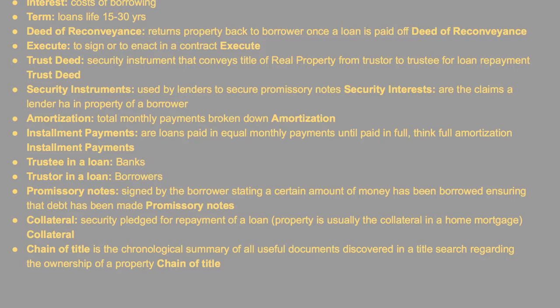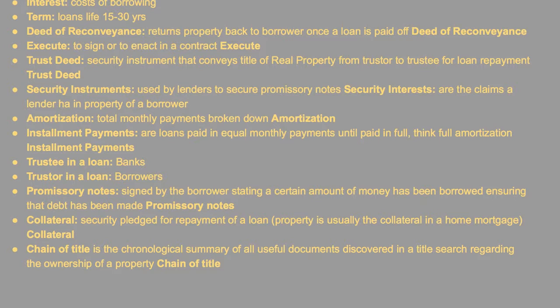Chain of title is a chronological summary of all useful documents discovered in a title search regarding the ownership of a property. Marketable title is clear, saleable title, reasonably free from risk or litigation over possible defects.